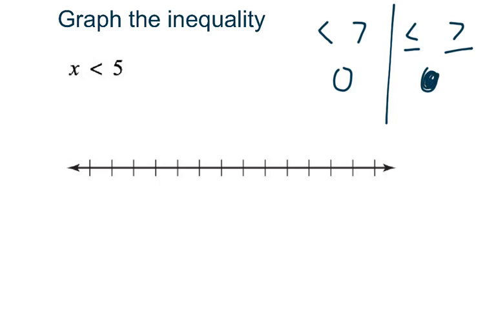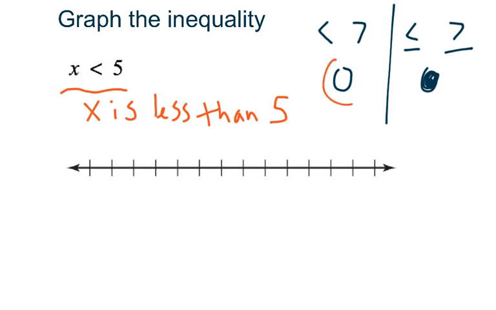So when we're looking here at this example, it says x is less than 5. So can x be 5? No, it cannot equal 5. It has to be less than 5. So we are going to use an open dot on this while we're graphing this.